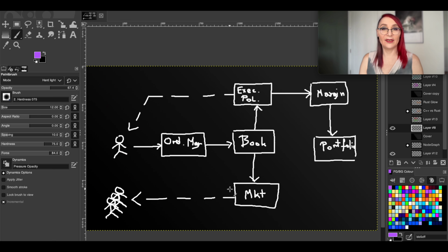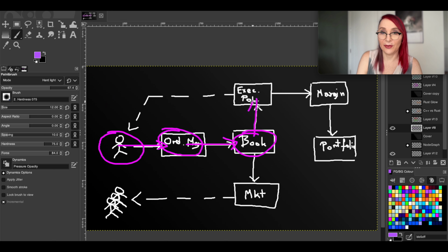All right, so this is our Exchange implementation in Rust, and it's very straightforward and simple. We have our user, they send an order, the order manager takes the order, finds the book, and matches that order against the levels. If there is a match and execution happens, we go to the execution policy, which goes to the margin.